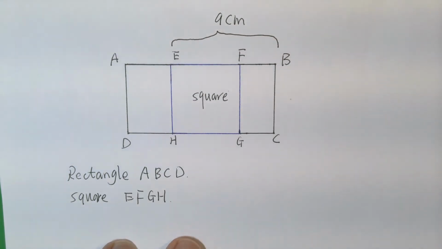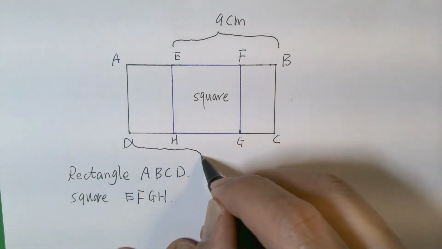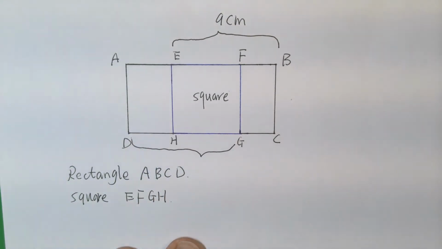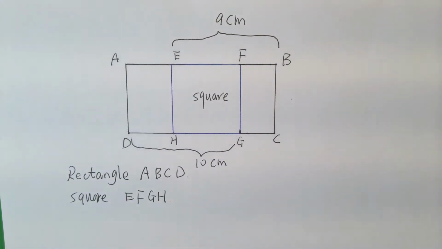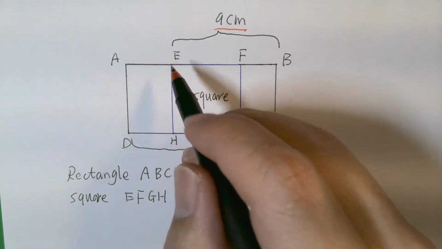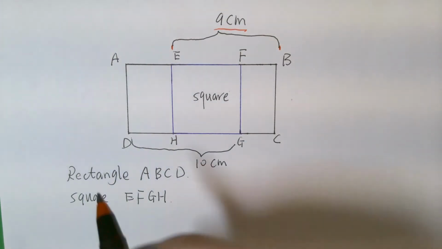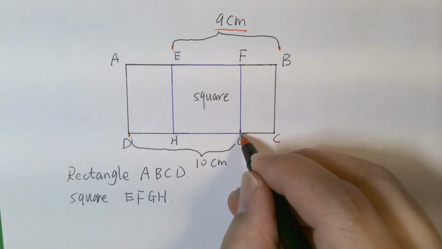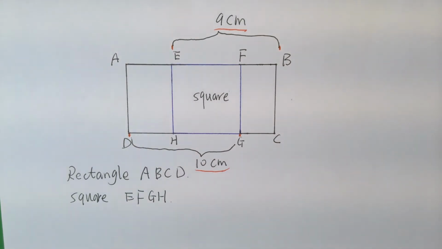And also from D to G, from here to here, we have 10 centimeter. So we know these two lengths here, 9 centimeter and 10 centimeter. We know those two numbers.